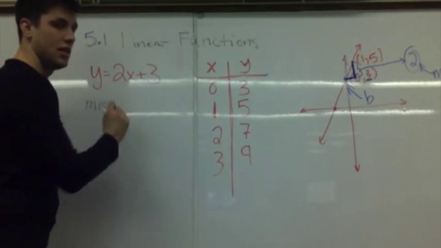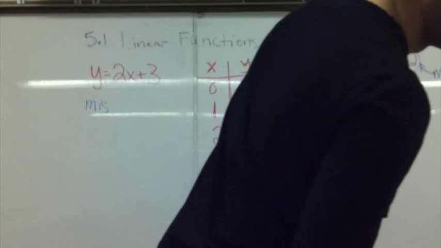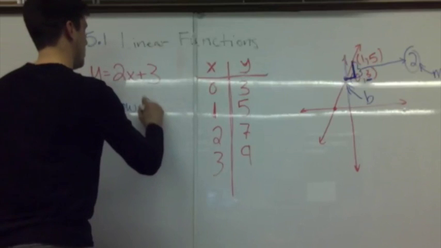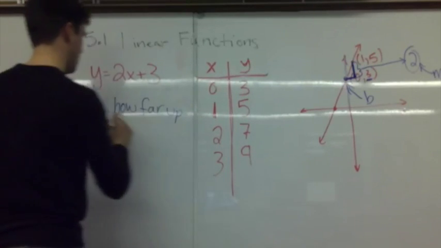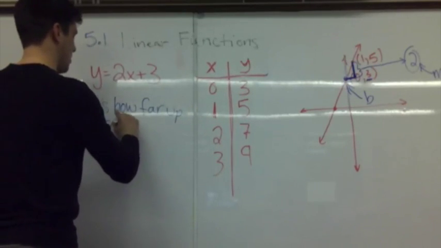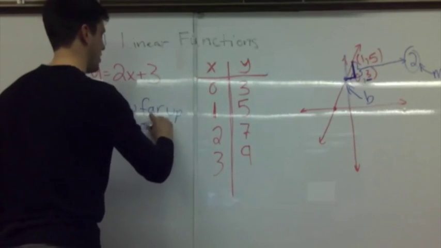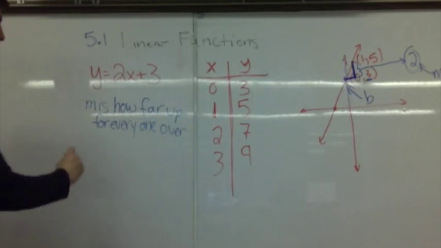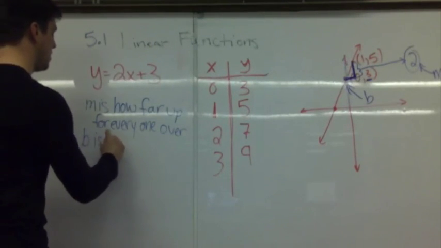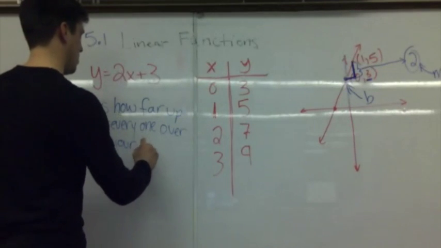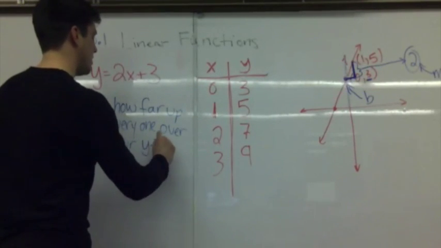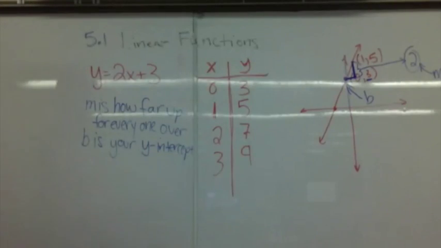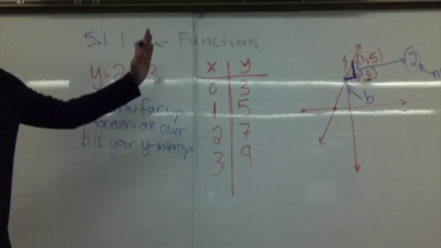M is how far up for every 1 over. And your b value, b, is your y-intercept, or the y value where your equation hits the y-axis.